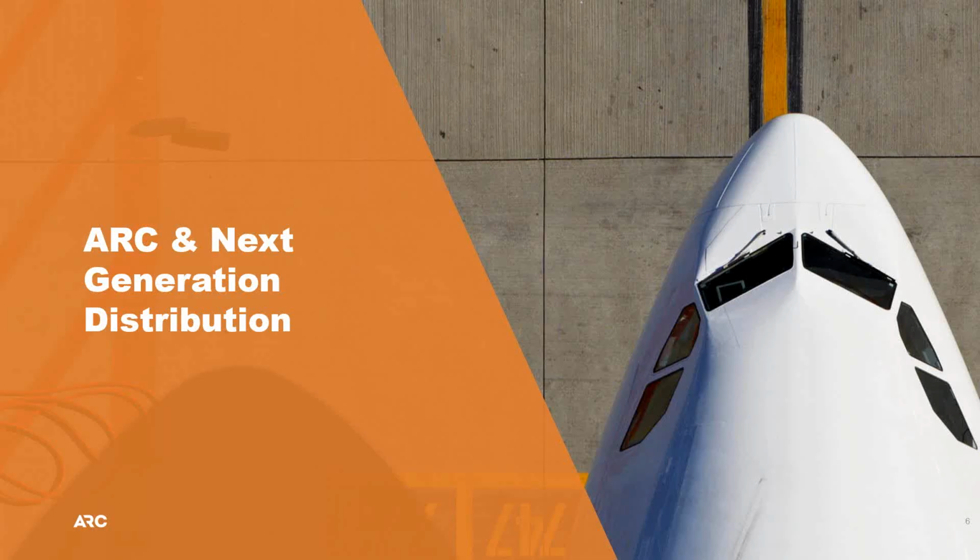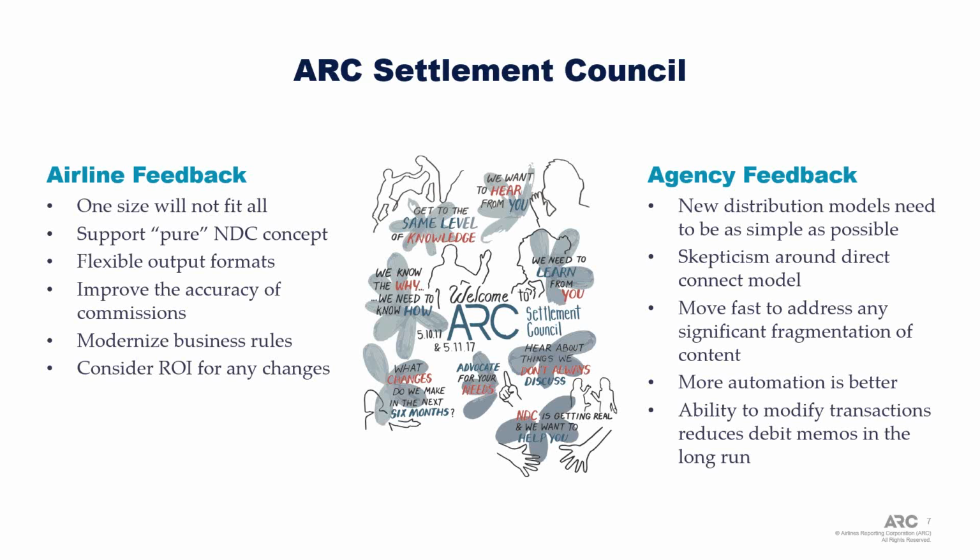So I want to now move on to, like I said, the meat of what we're talking about here today, and that is how ARC is supporting new distribution methods. One of the things we've heard a lot from airlines, and we've heard this for many years, and we had a settlement council last year, which many of you may have heard about.